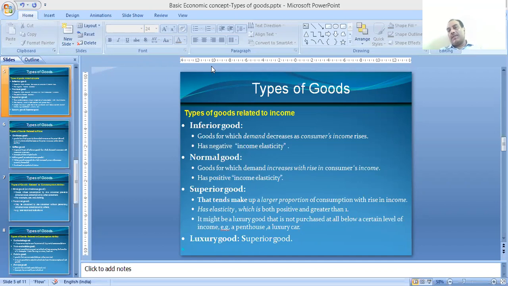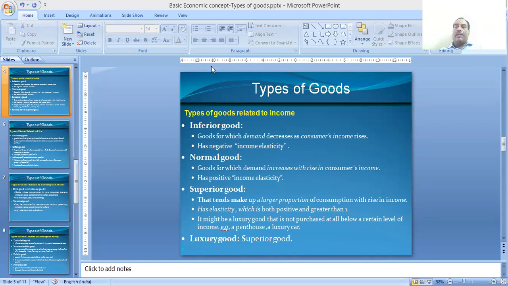When the consumer's income rises, it is natural that he tries to buy goods which are normal, not inferior. Normal goods are those whose demand increases with the increase in the consumer's income, so they have a positive income elasticity. We will discuss elasticity when the chapter on elasticity comes. It is a very important concept and I will explain it there.